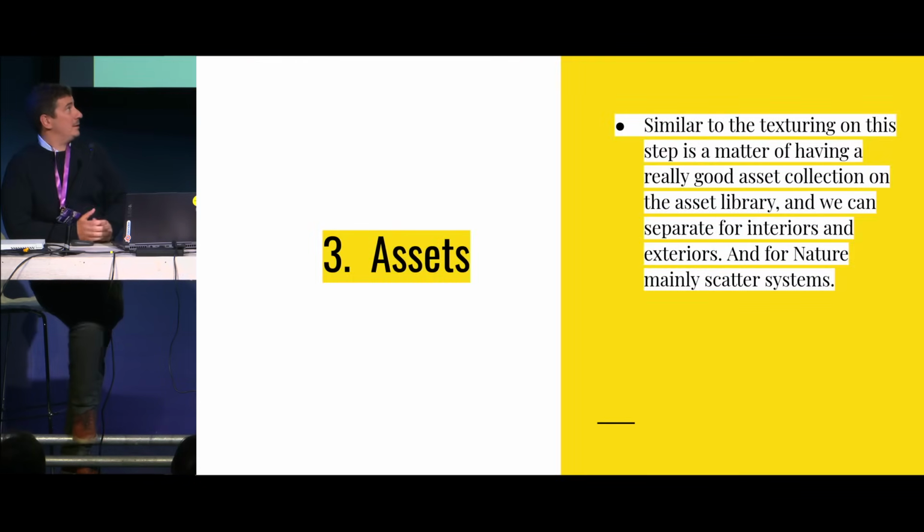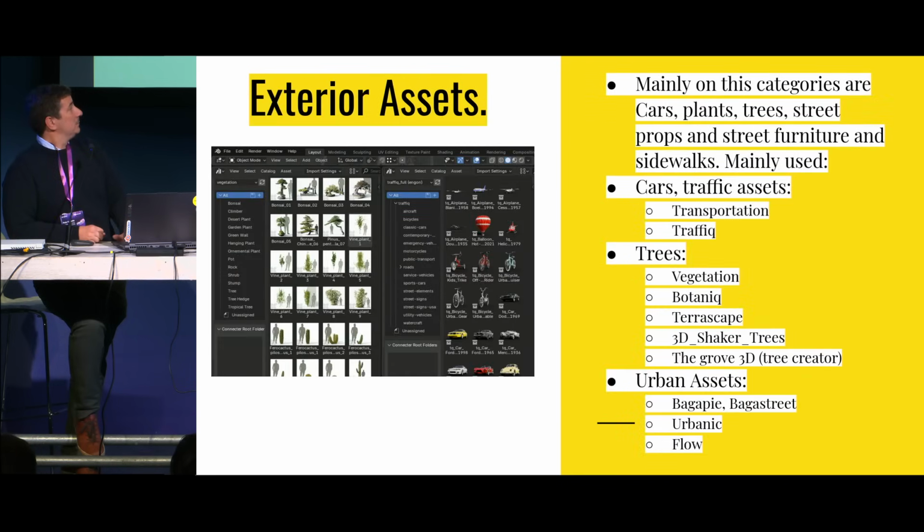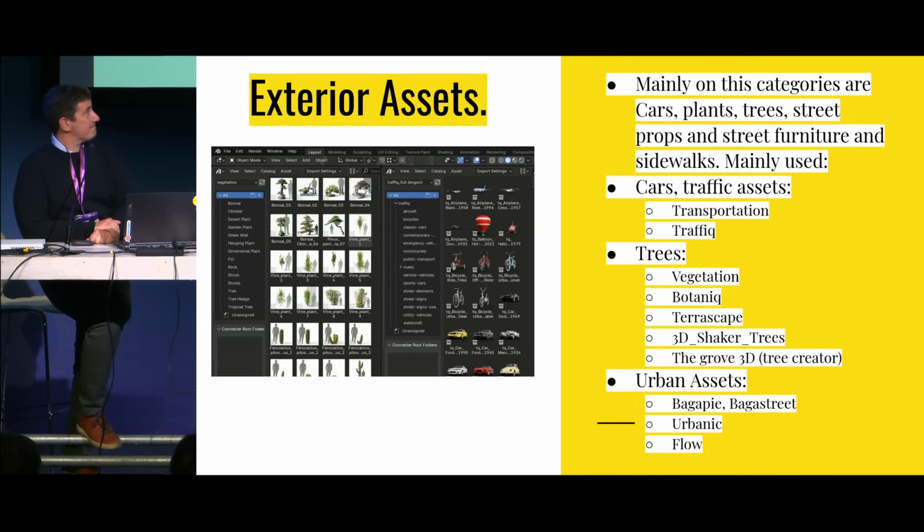Assets. So here I divided them into three main categories: exterior, interiors, and then more like nature landscapes that sometimes happen. For exterior assets, they are mainly cars, trees, or urban things. We use mainly these collections.